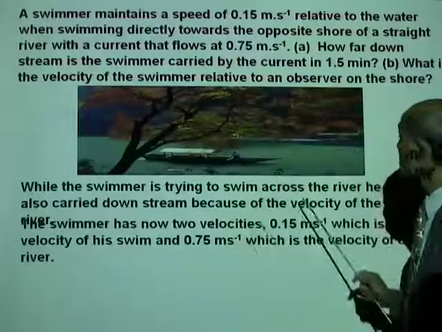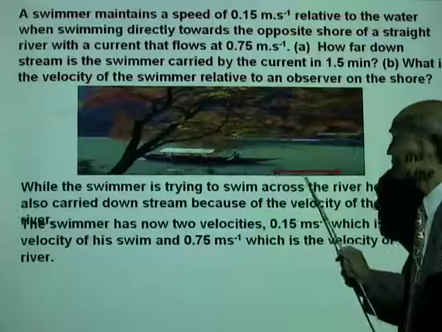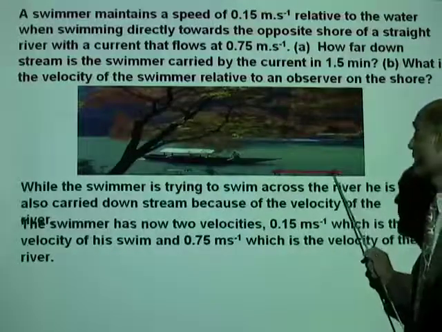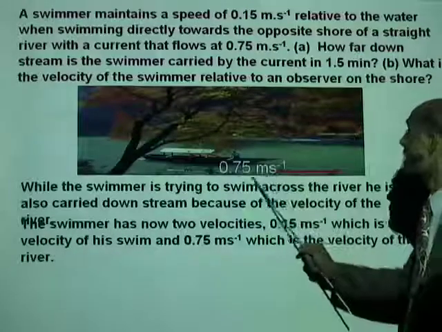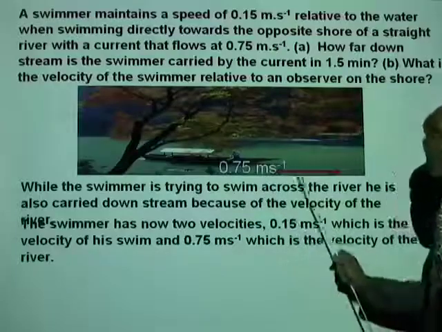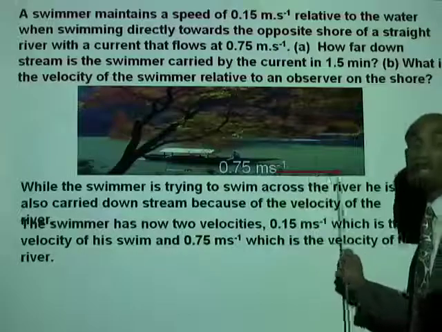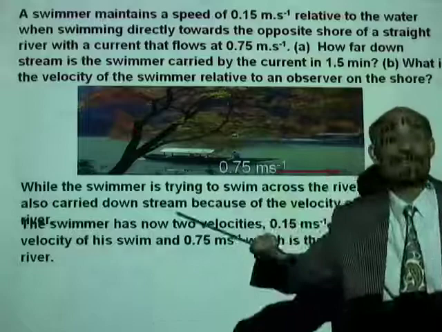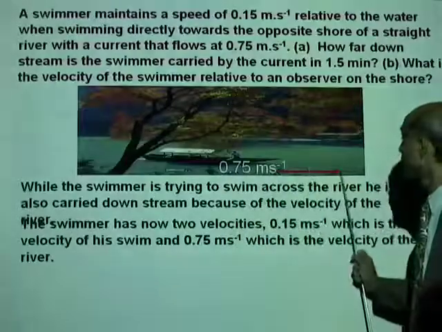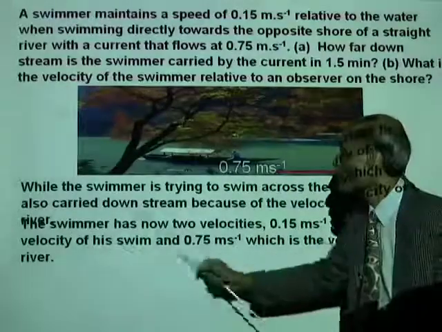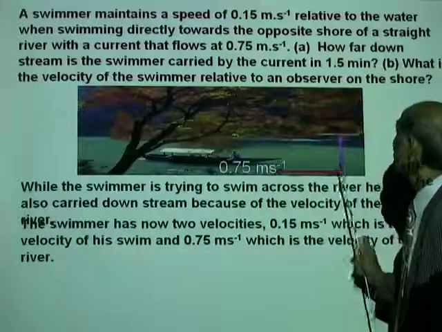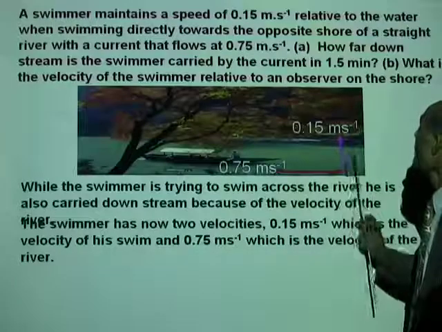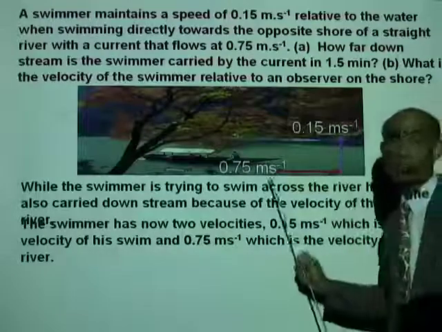Can I draw these? Now, this is the velocity of the river. That is 0.75 meters per second. Now, this velocity is imposed on the swimmer. And where do I draw his own velocity? His own velocity is 0.15 meters per second. Now look at this.